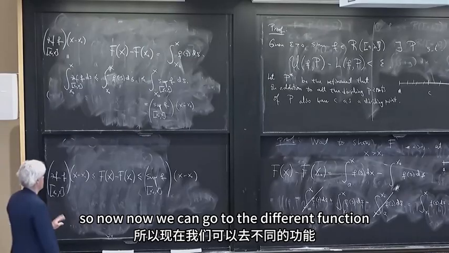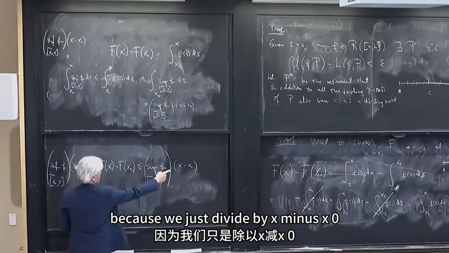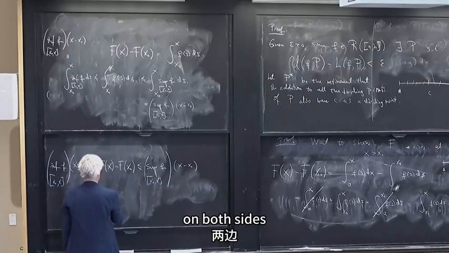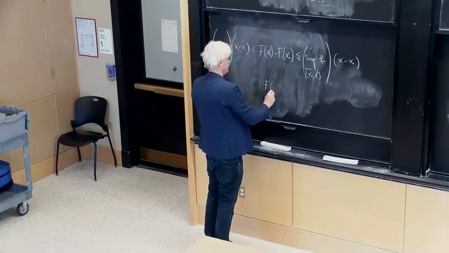So now we can go to the difference quotient because we just divide by x minus x0 on both sides. x is bigger than x0.